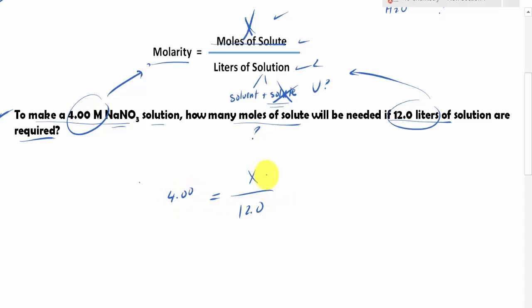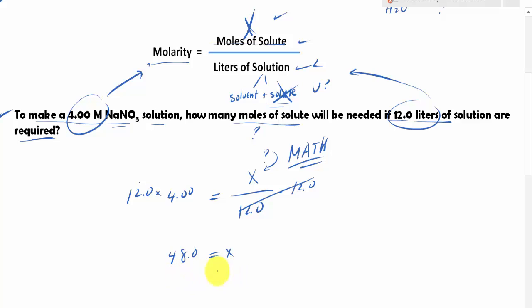4.00. Notice I did not write down the units anymore, because I don't want you to use this as a process of canceling units, but I want you to see this as a process of solving for a variable using your basic math skills. So how do I solve for X? Of course, I multiply both sides by 12.0, that cancels out the 12.0, and that gives us X equals 48.0.